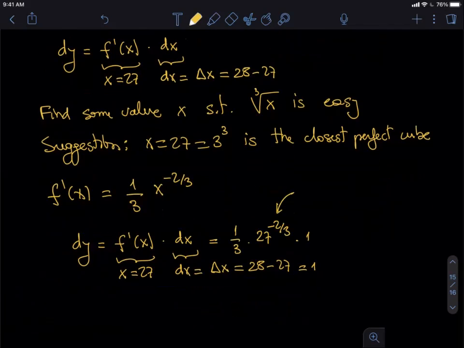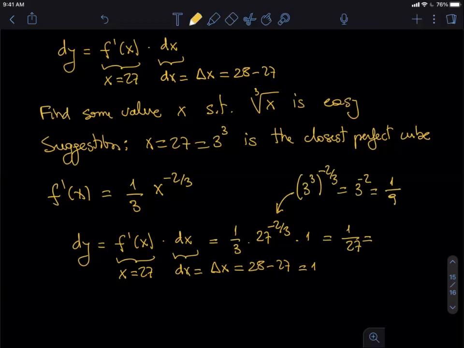So this is 3 to the power 3, to the negative 2/3. So there is a cancellation. I'm taking the cubic root of a cube. So this is 3 to the negative 2, that is 1/9. So here I get 1/27.